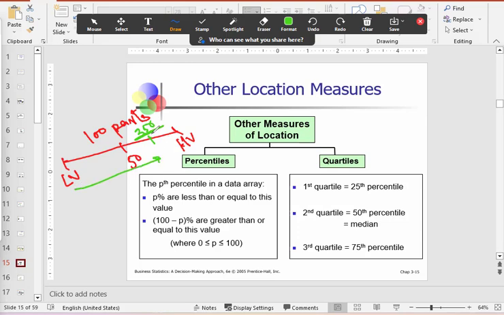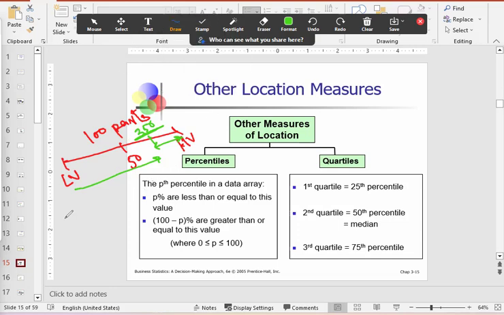It means how much data is smaller than this number, or in other words, how much data is left behind. That is, it is the relative position of this number, how small this number is from the highest value in terms of positions, in terms of data observations or data items.